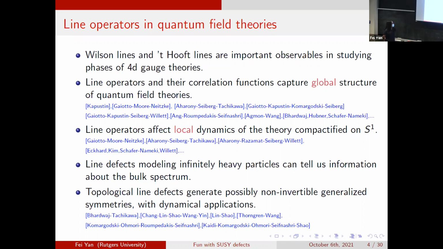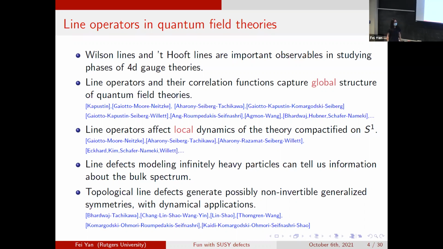Is there a simple way to understand why these two are related? These two are not necessarily related. I'm just trying to say different aspects of why people care about line operators. And the third one affects the local structure: literally, if you think of a line wrapped around this compactification circle, it becomes a local operator in the compactified theory. That's what I meant.